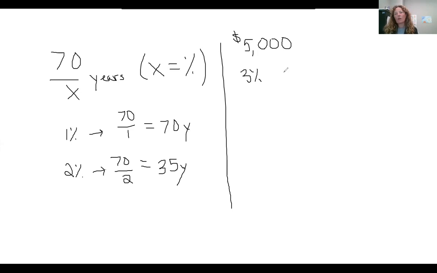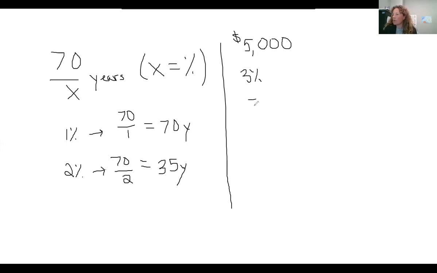And I want to know maybe a couple things. Maybe first I want to know how long it will take to double. And maybe I want to know how many years it will take to reach a certain value, like $15,000. Or I could ask, what will the value be in 20 years or something like that. So let's get into this example and explore it a little bit.